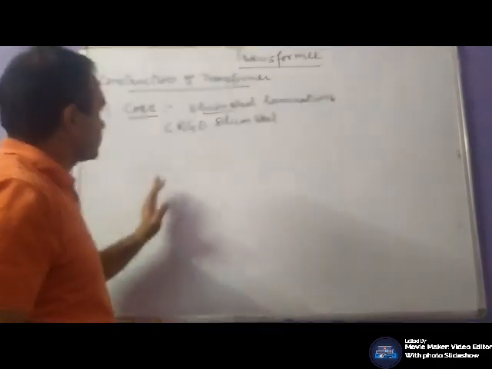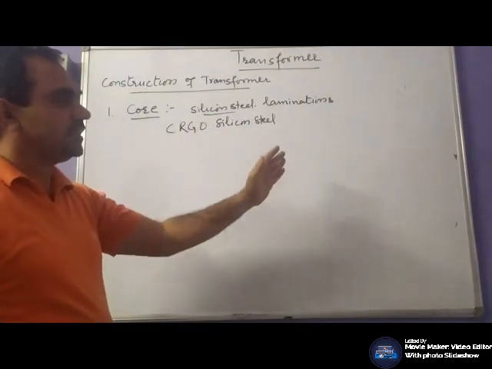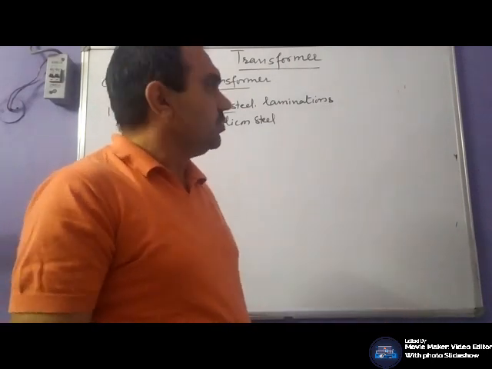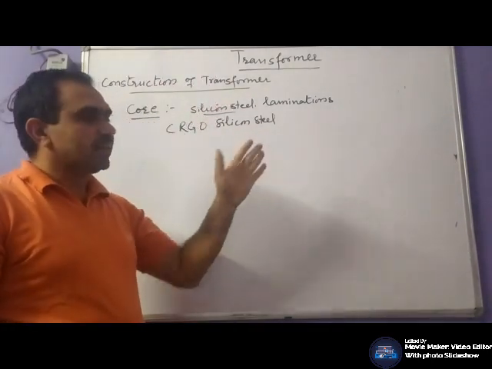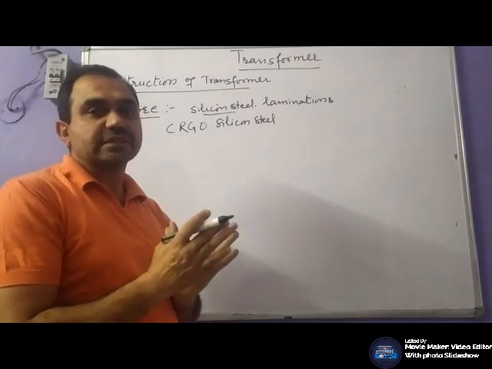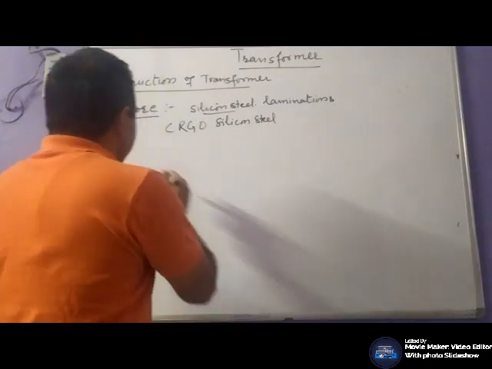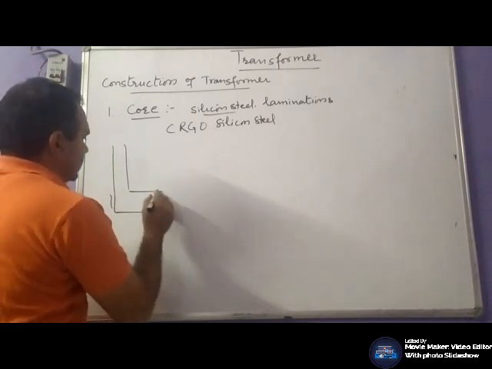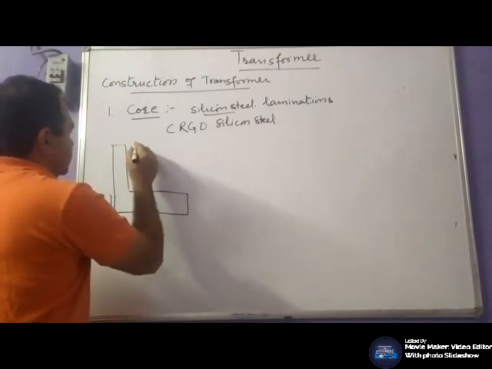So generally we use laminations, and these laminations are used in such a way that the gap between the laminations should be minimum. They are staggered, for example, we are using these L-shaped laminations.